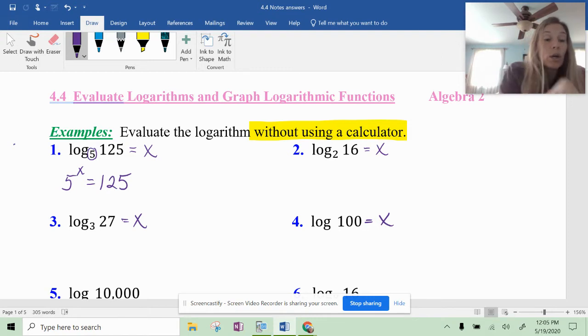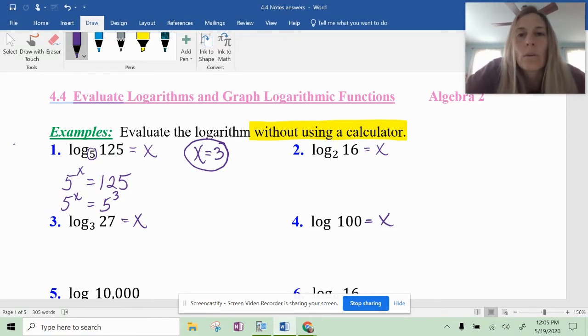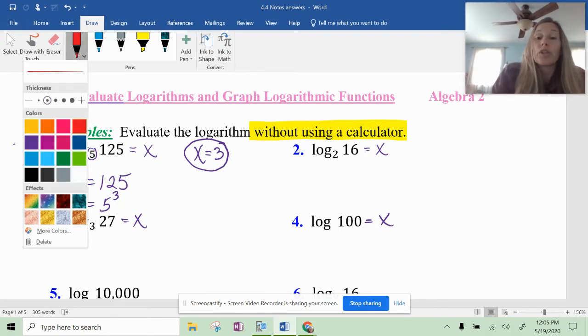Some of you are going to know that 5 raised to x is the same thing as 5 raised to 3, because when you raise 5 to 3, you get 125. So this is how we would know that x has to equal 3. And some of you might have said, well, I know 5 to the third power is 125, so x equals 3, and that's fine.